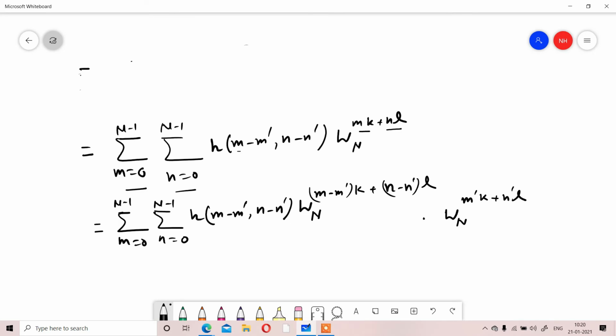So now what we are doing: W_N^(m'k + n'l) is not dependent on m, n, so I am writing it outside.